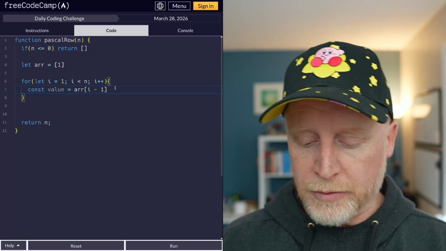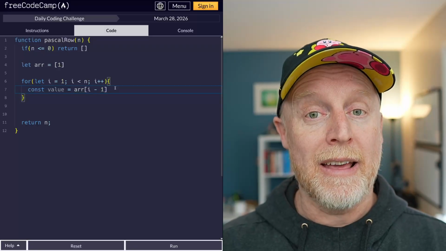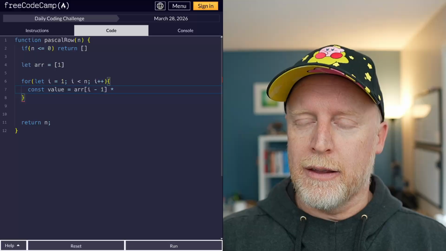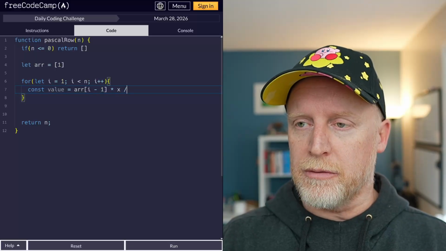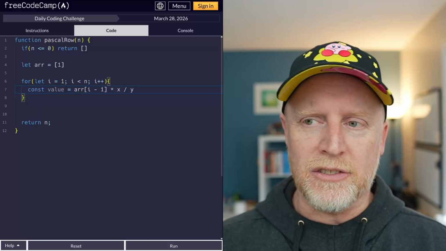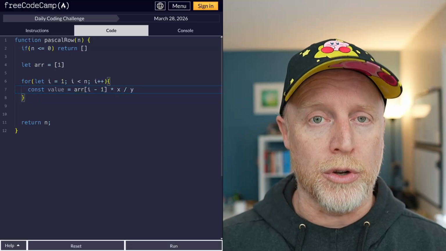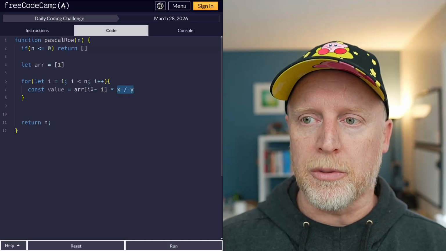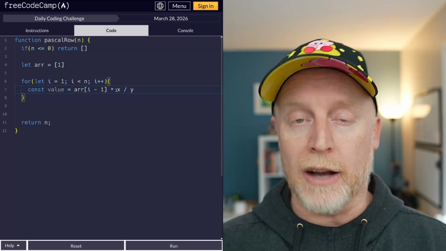Brilliant, okay? What are we going to hit? Well, it's going to be a fraction, right? We multiply it by some sort of x divided by y fraction, and we just need to fill these in. And it's important to note that this is what we're doing, okay? We get this fraction and multiply it by that number, and I'm going to come back to that, okay?